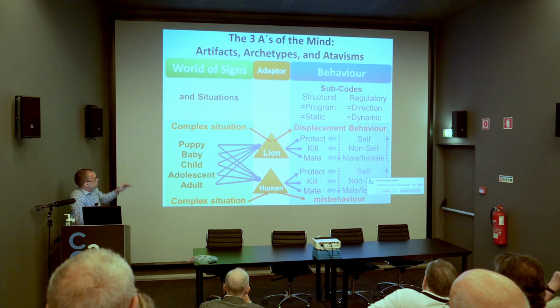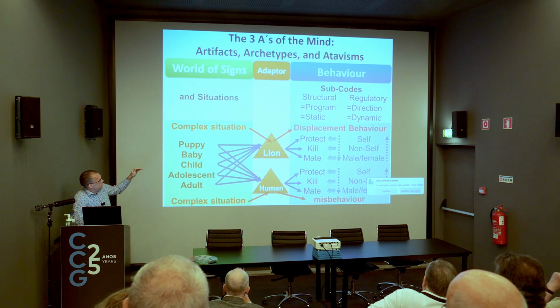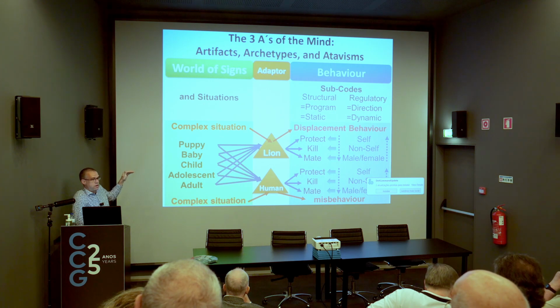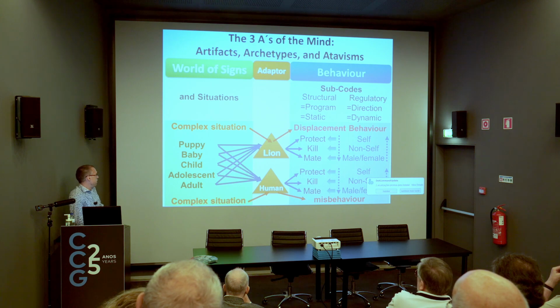So it's a way to relate in a code-based manner self versus non-self, or mating behavior, male versus female. These are all mappings that fit this code model very well.